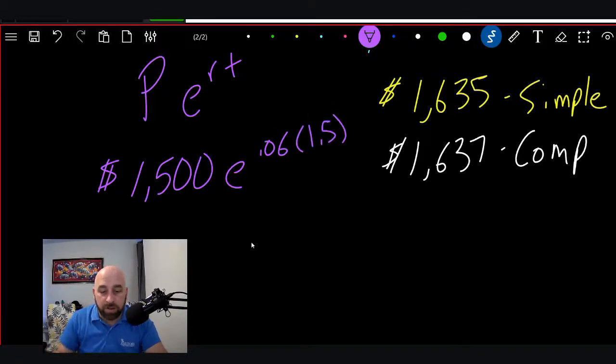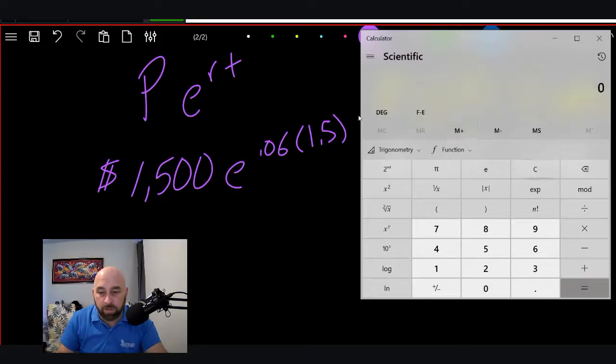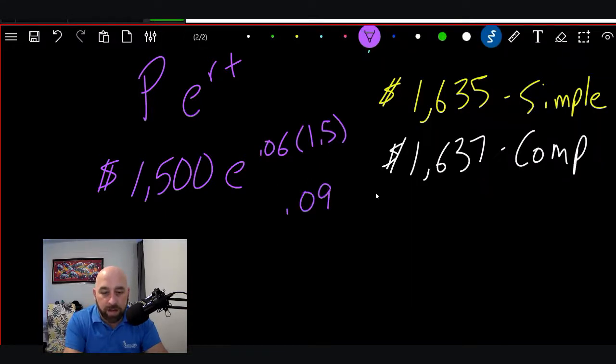Now we'll just plug that into my calculator. My calculator is going to work just a little bit differently here. I need to do the exponent first because I can't raise it to the E on this calculator. So let's go ahead and do that. 0.06 times 1.5 equals 0.09. So now that becomes 0.09.